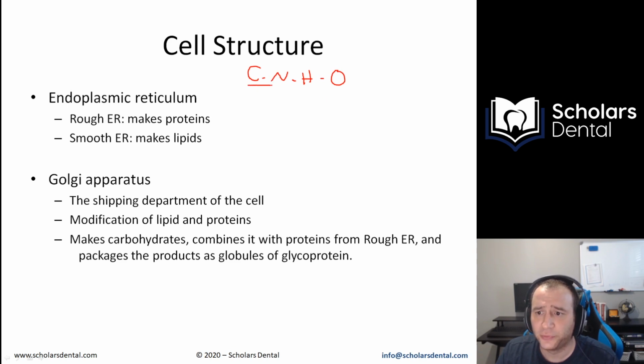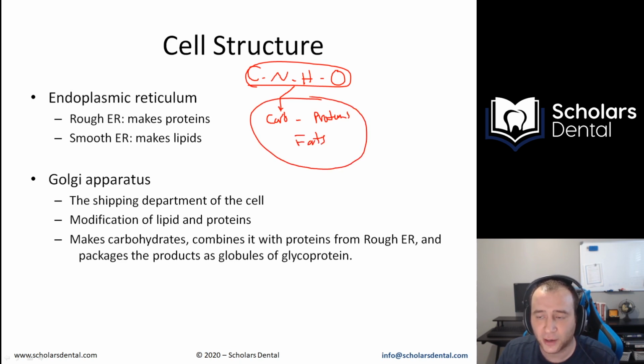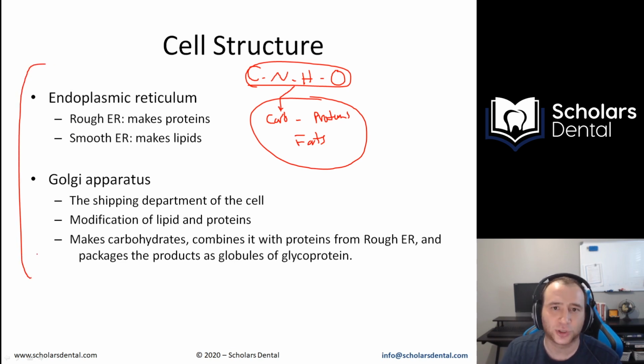These make up the main biochemistry: the carbohydrates, proteins, and fats in our body. So we're made of these three chemical families, or biochemical families. It's a good thing to remember that, because it'll be easier to understand the cell structure.